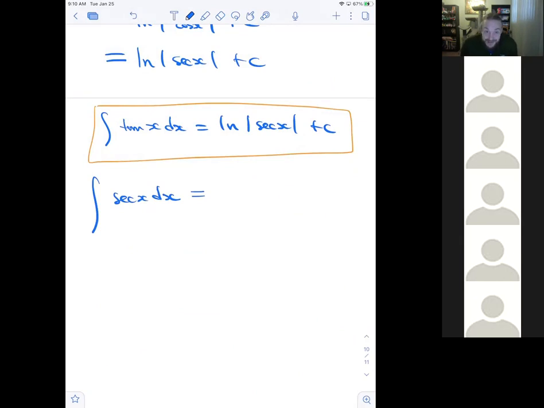So the derivative of secant is secant tan, and the derivative of tan is secant squared. So what we're going to cleverly do is multiply by secant x plus tan x, but that's crazy. It would change it. So we multiply and divide by secant x plus tan x.